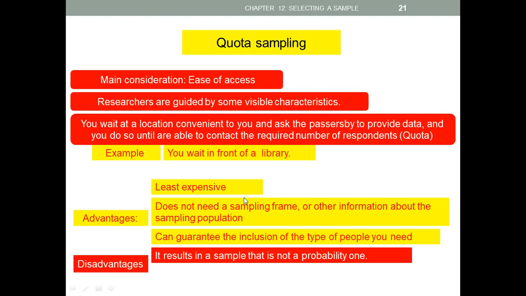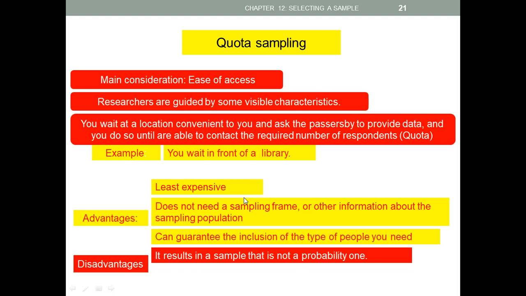So how about those who also come to the library, but for some reason they fail to show up in the library on the week when you collect the data? They don't have an equal chance of being selected.